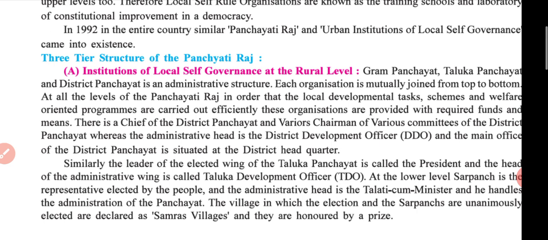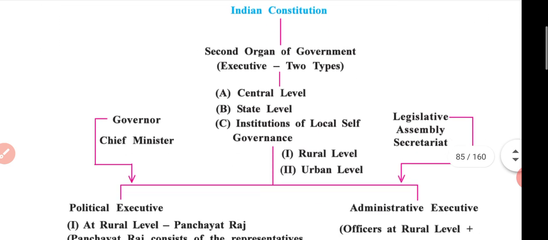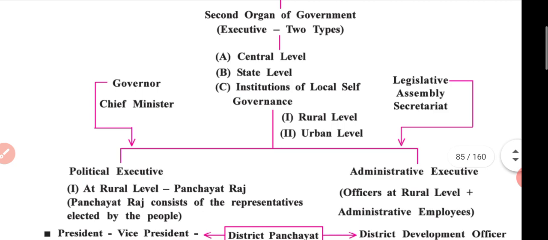I explain it easily with this graph. The second organ of government is the executive. In the executive, there are two types: central level and state level, and institutions of local self-governance, in which there are two, rural and urban level.